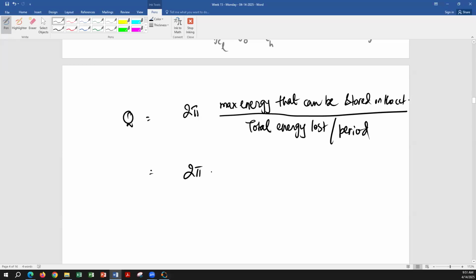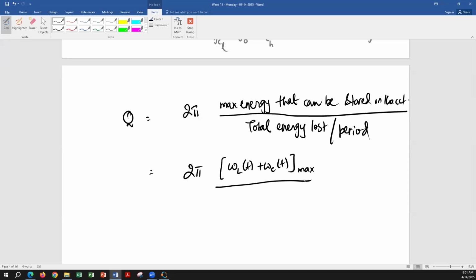Of course, the energy storage components are two, which are the inductor and capacitor. A resistor cannot store energy. So maximum energy is stored in the inductor at any time and the capacitor at any time. We want to know that maximum energy stored in the inductor and capacitor, and energy is lost in the resistor. That's the component that loses energy in terms of heat dissipation.